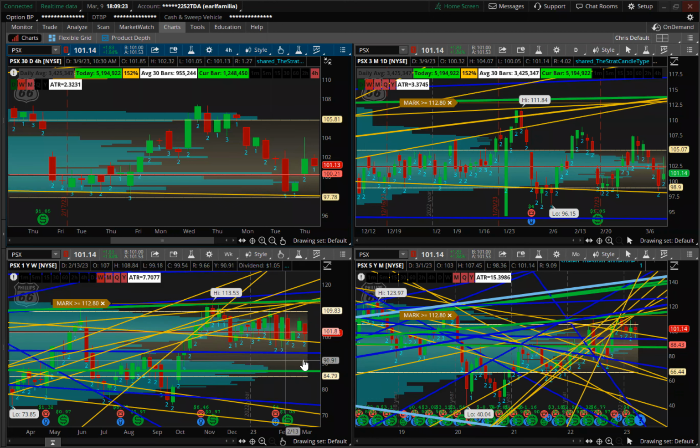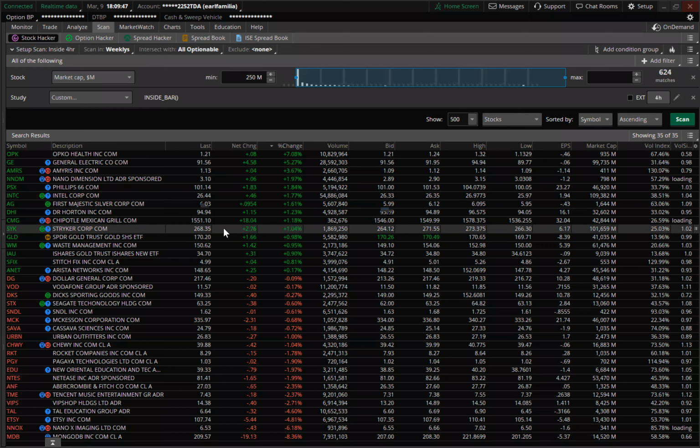Go back and try to retest this broad formation like we've been doing. Continue to push through. That one right there, I'm not sure.